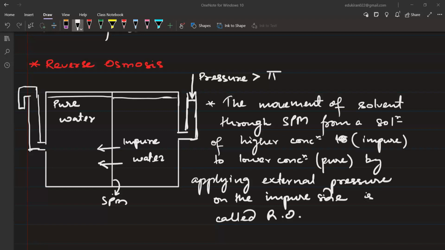Sir, what is SPM? Semi-permeable membrane.